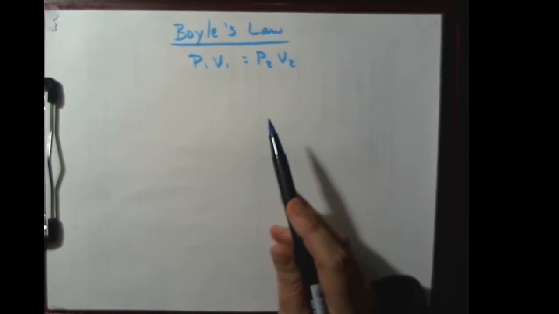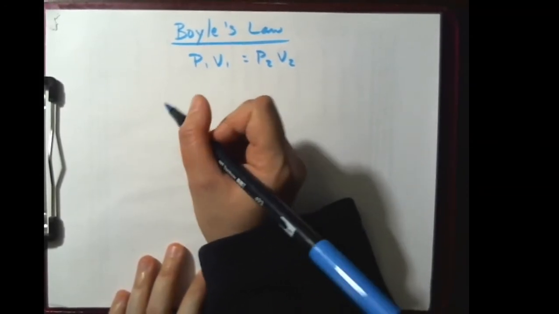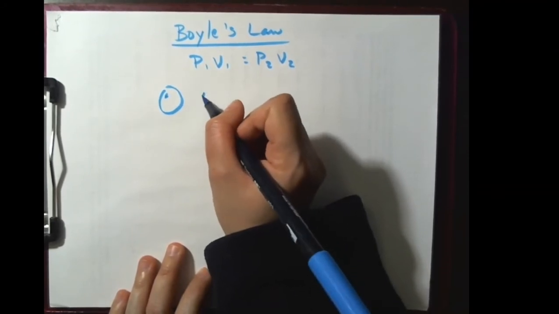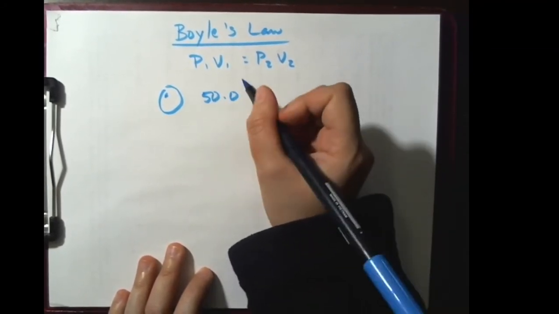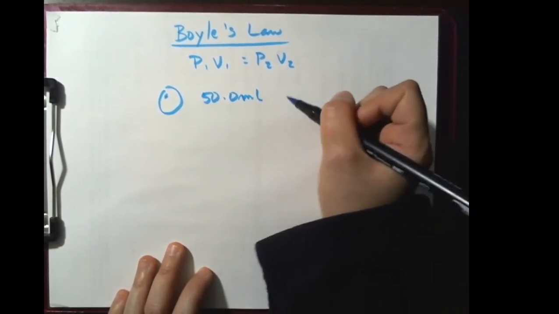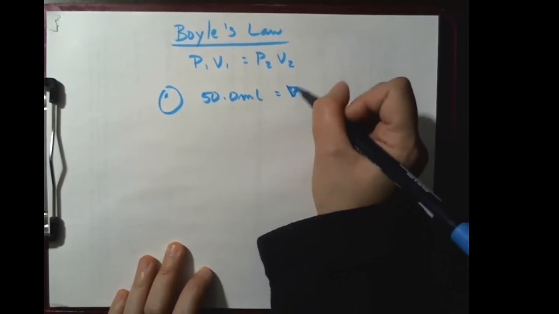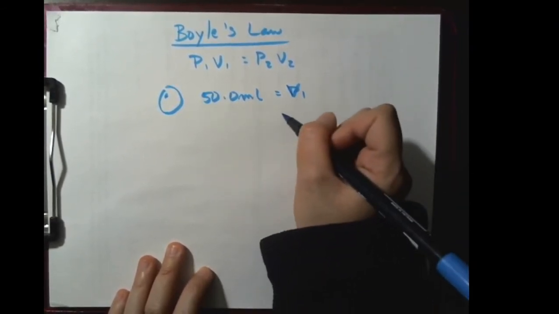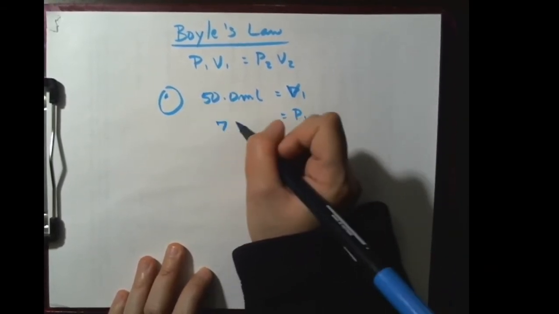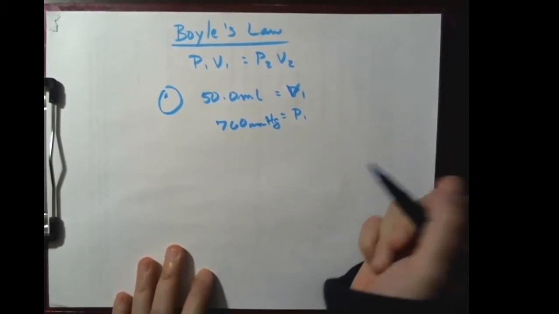Now, let's break down the question here. So we have a soap bubble that's at 50 milliliters at standard pressure. Now remember, standard pressure is, let's see, 760 millimeters of mercury.